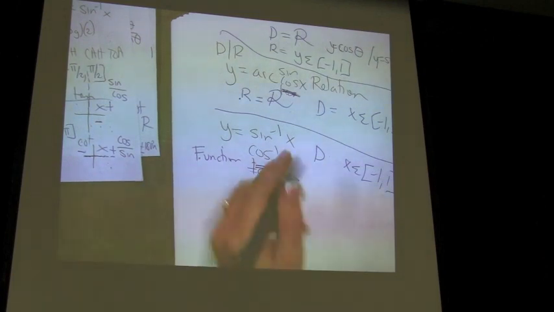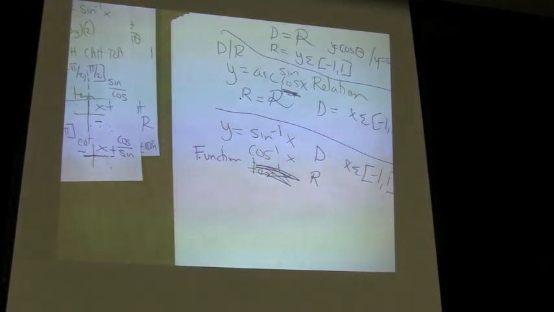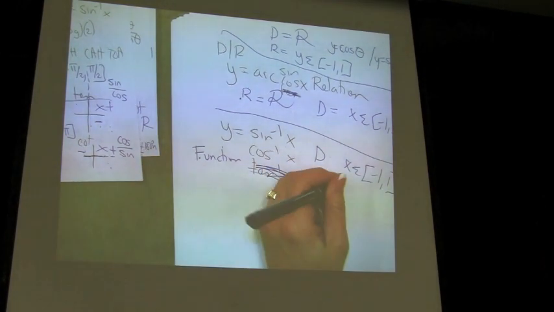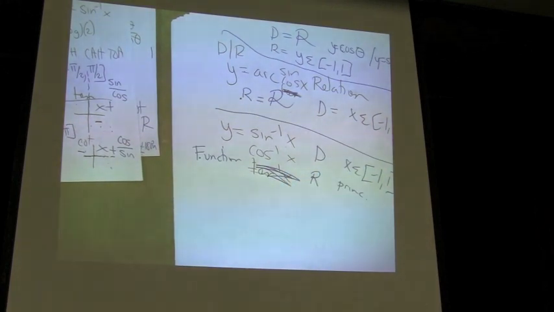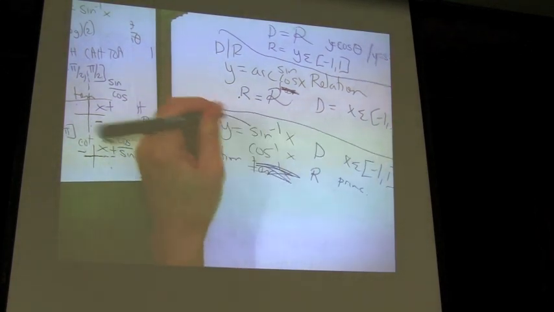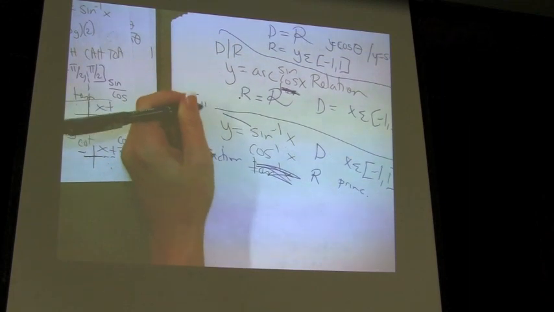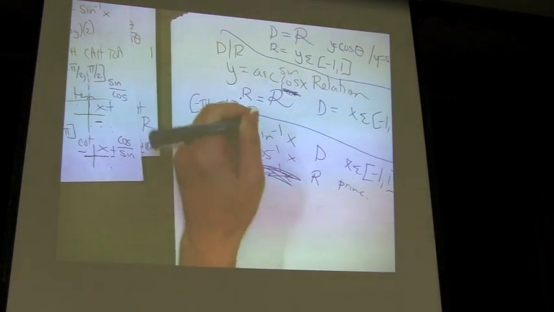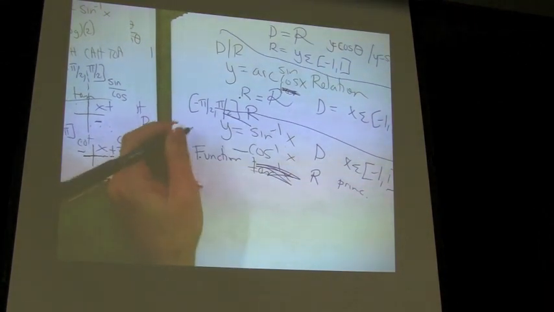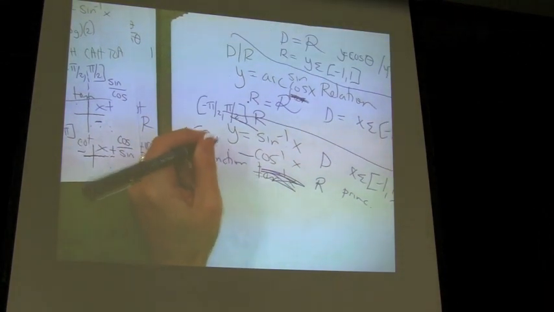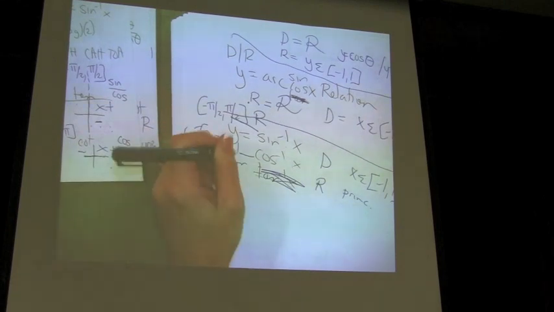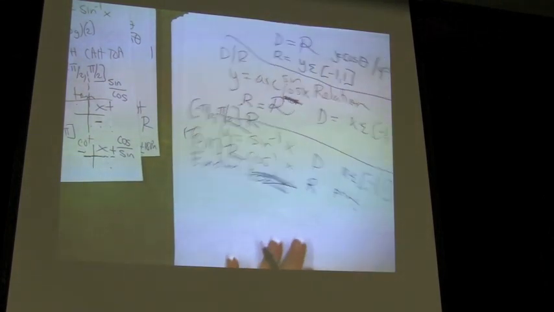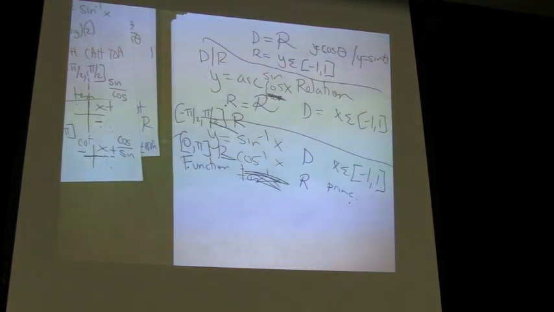Okay? So for this, the range would now need to be whatever the principal branch was. So if it's sine, it's -pi/2 to pi/2 for the range. If it's cosine, it's 0 to pi as the range. Okay? Does that make sense? Yes?